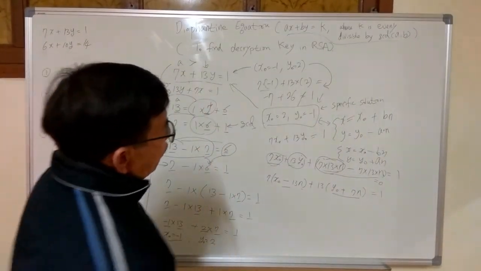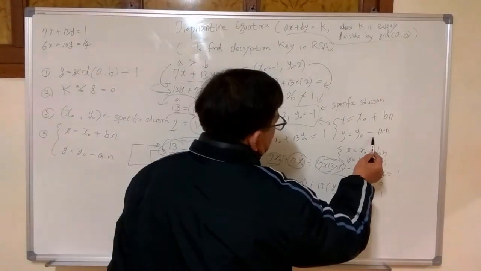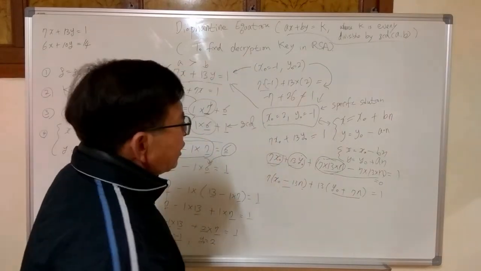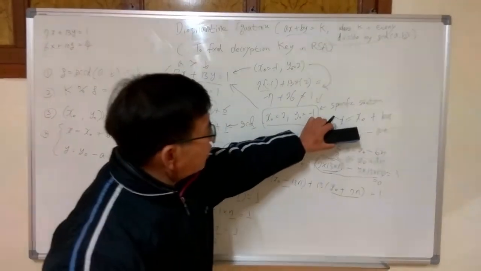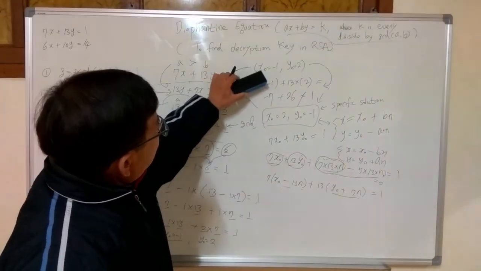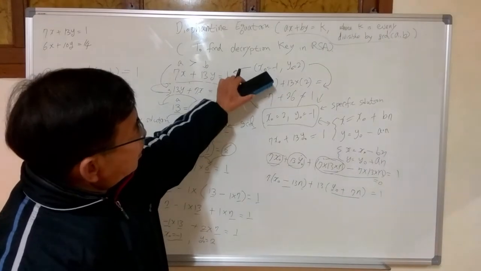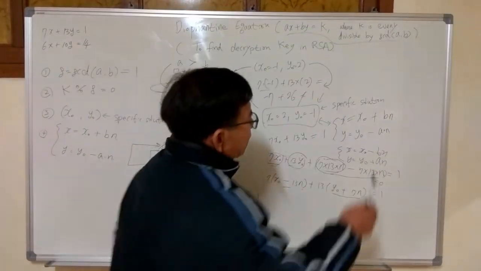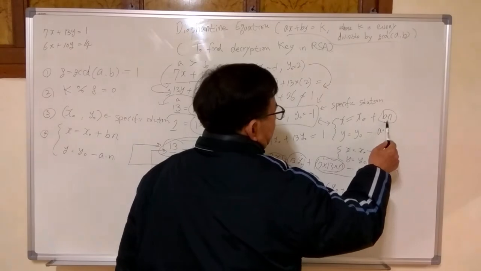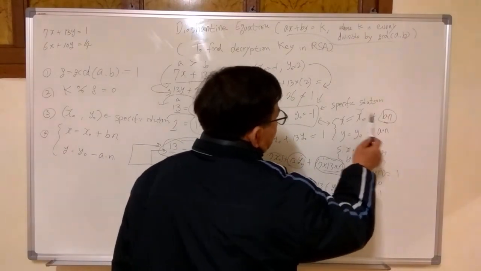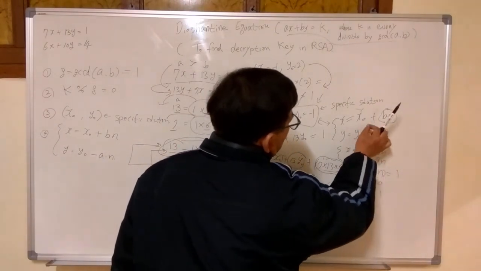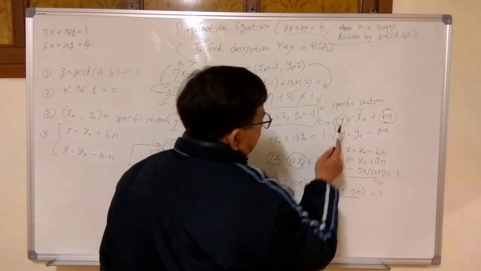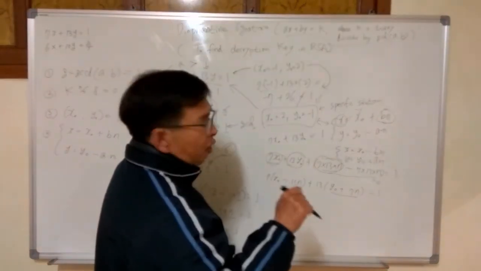Then why did I put plus here, minus here? The reason is because in this case x0 is negative, and this term is a positive number, so if we add up, the absolute value becomes smaller.